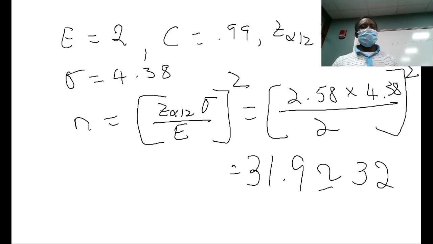We are going to use that degree of freedom to find t alpha over 2. So here, E is equal to t alpha over 2 times s over square root of n. Degree of freedom equals n minus 1.